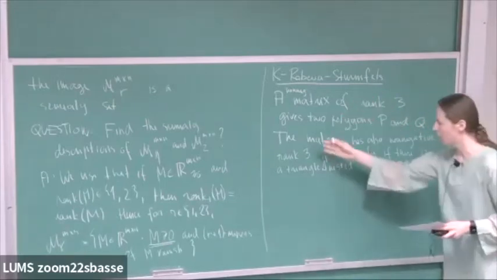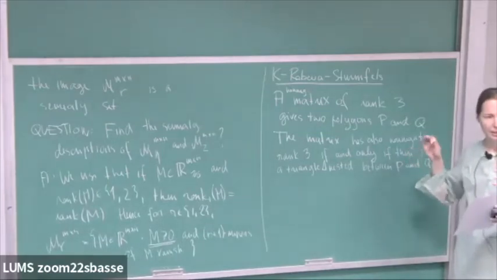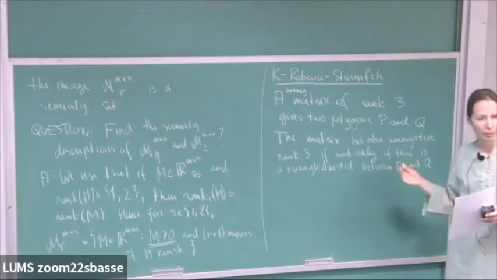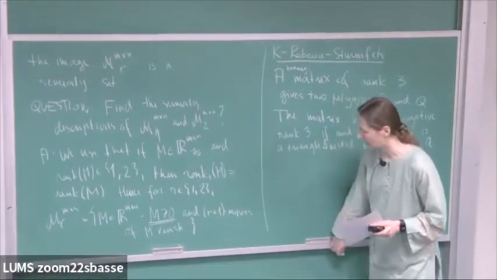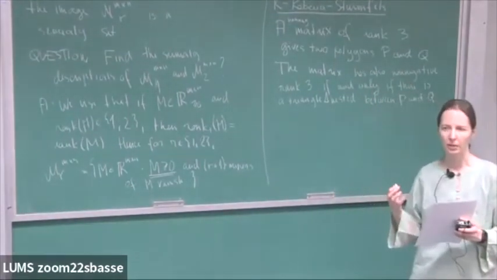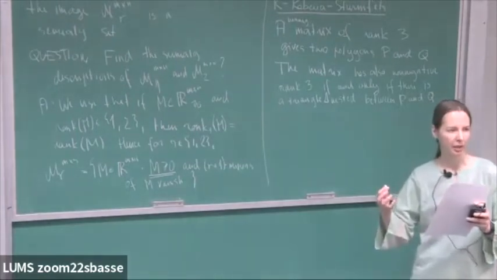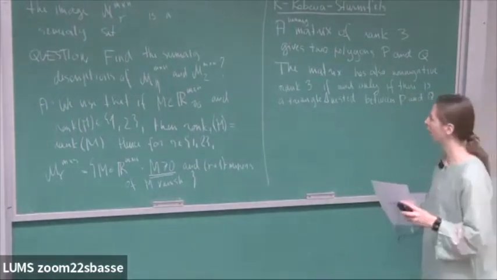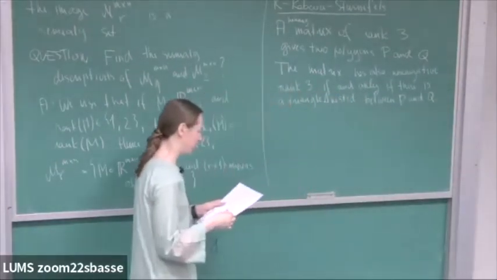So what I wrote down is what we discussed on Wednesday, but I didn't explicitly write it down in the way that I'm writing right now. But recall that checking whether a matrix has non-negative rank at most R was equivalent to checking if there is a polytope with R vertices in between 2 polytopes.